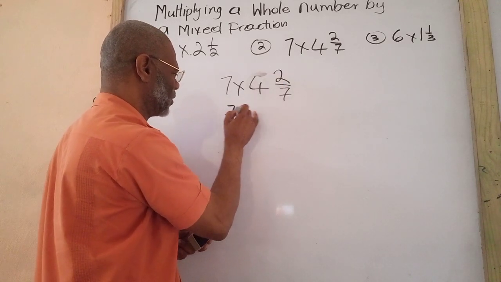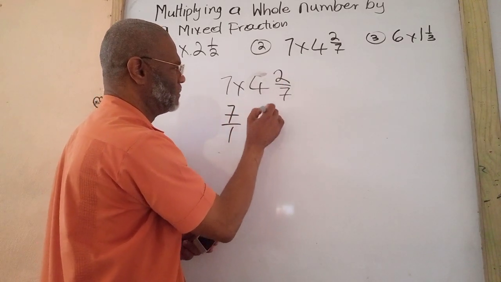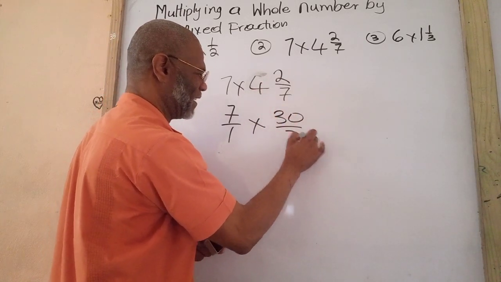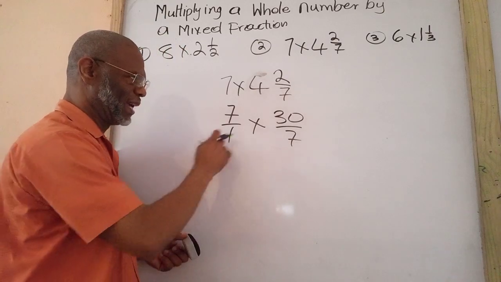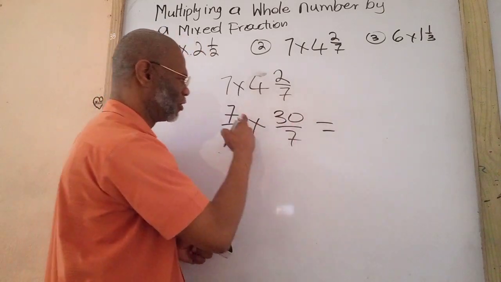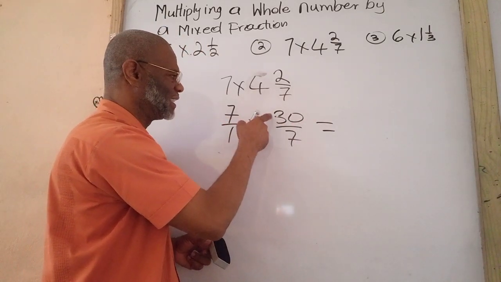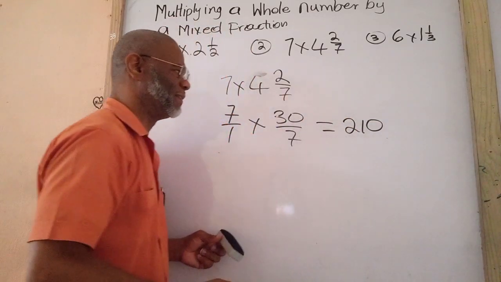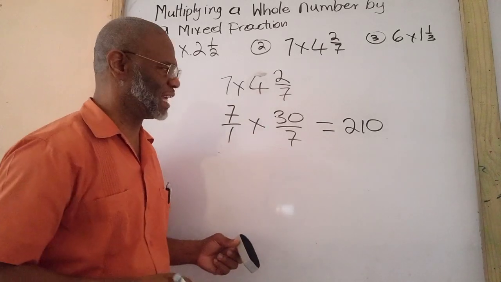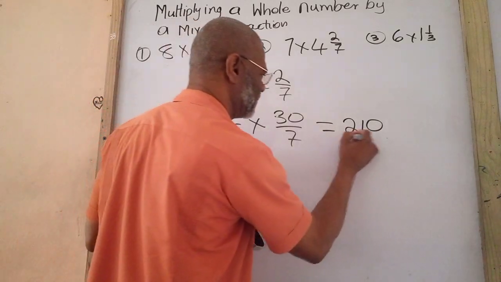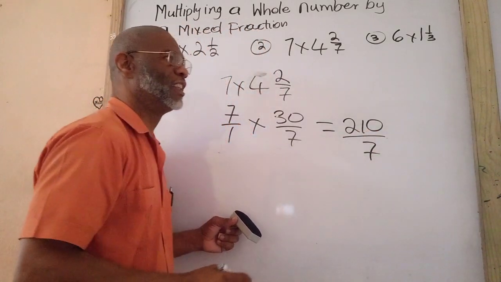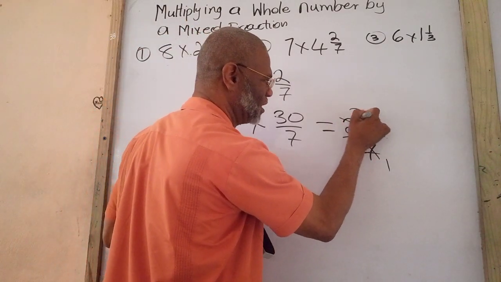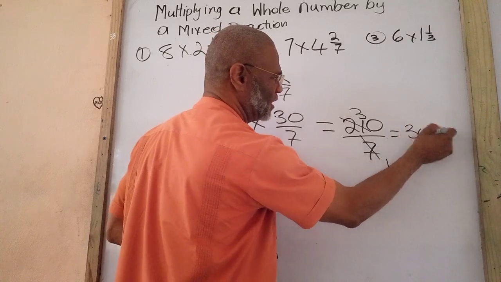So we can put our 7 over 1 times 30 over 7, right? And then if you're multiplying across, you multiply the numerators, 7 times 30 is 210, divided by 7. Good. Then we can say 7 into itself is 1, 7 into 210 is 30, so that gives us 30.